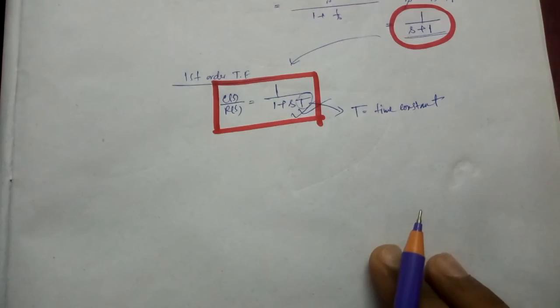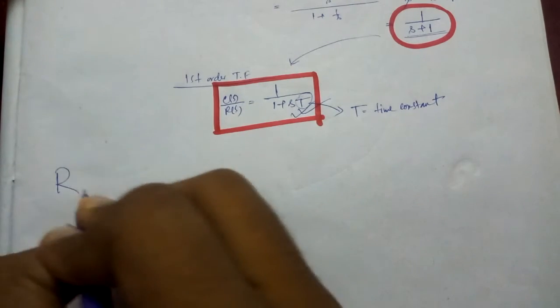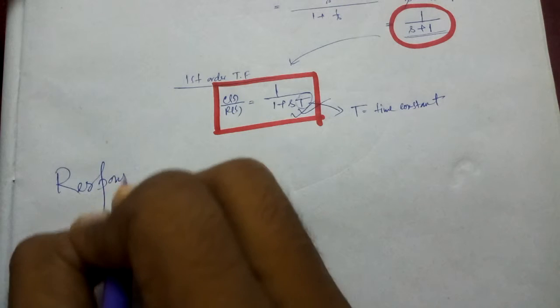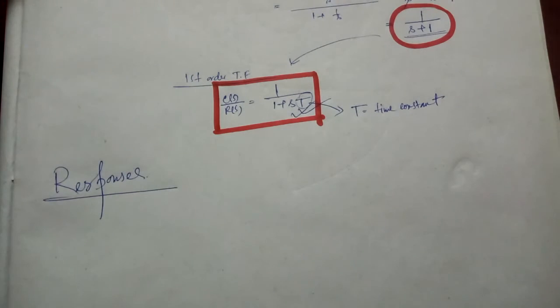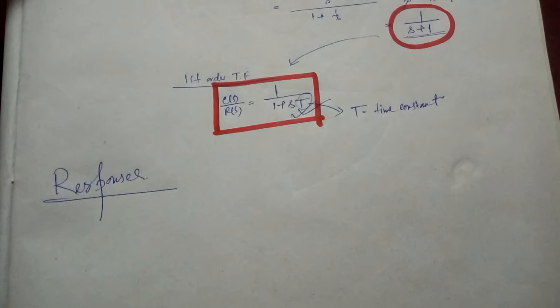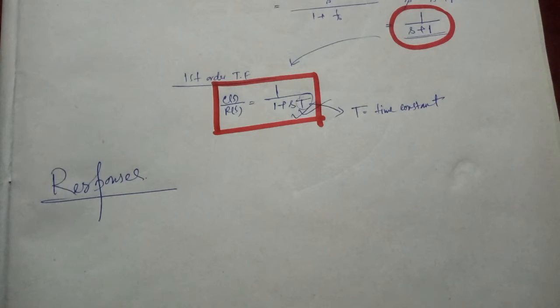So now we have to understand different responses. In questions and the theory paper we mainly use 4 types of input, and the output we get through them is called the response of the system. So when we apply impulse input, we get an output, and that output is called impulse response.